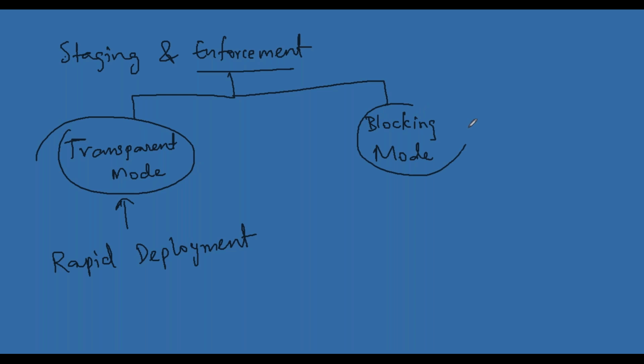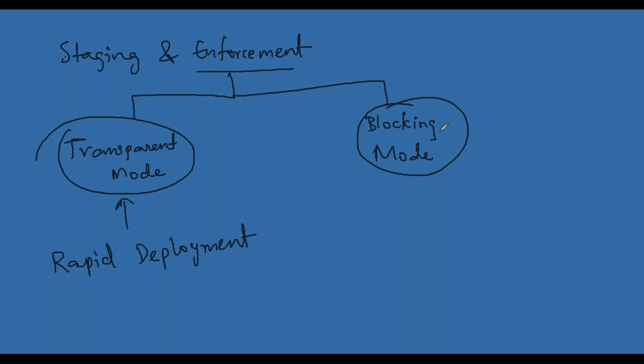When the policy is in blocking mode, the ASM will still log the request and a security violation will be generated, and it will also block that specific request if it is matching any attack signature or any security violation.